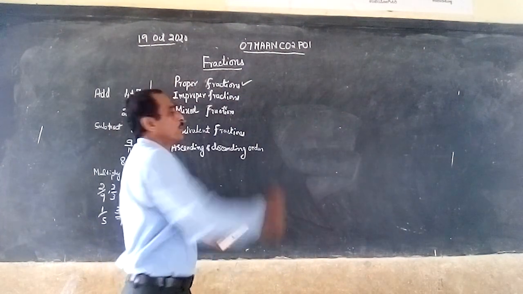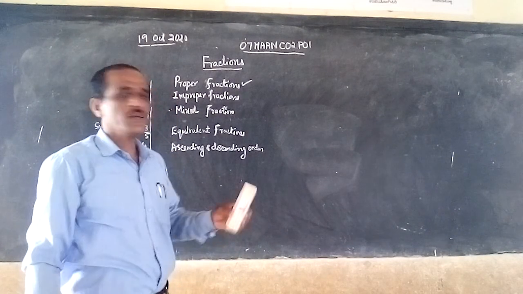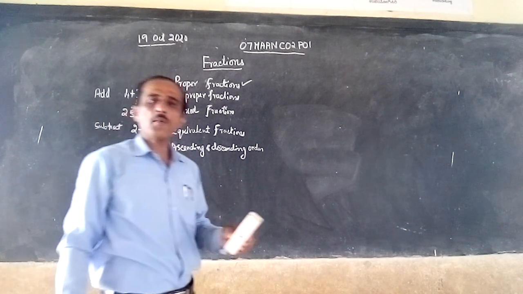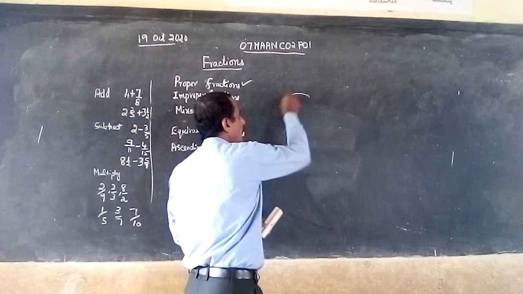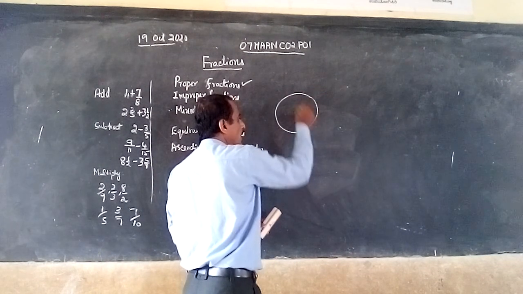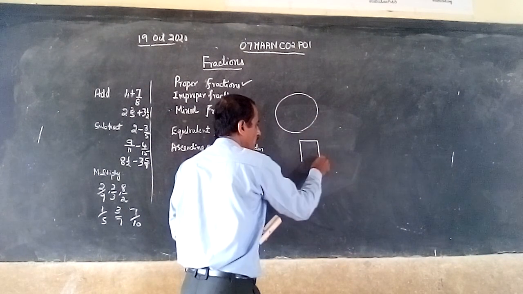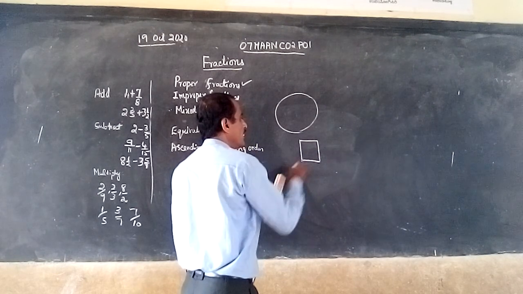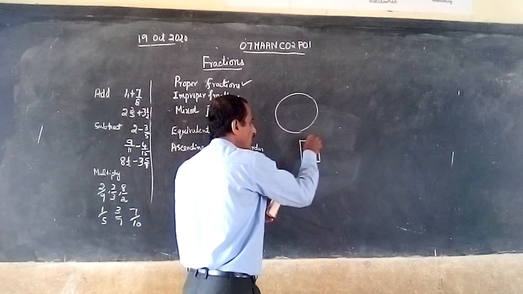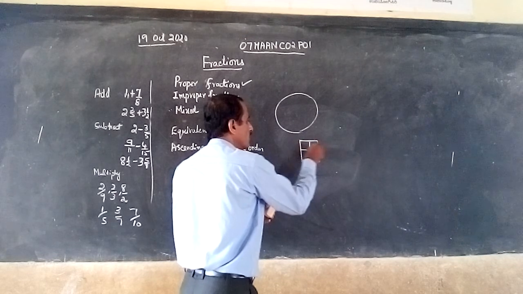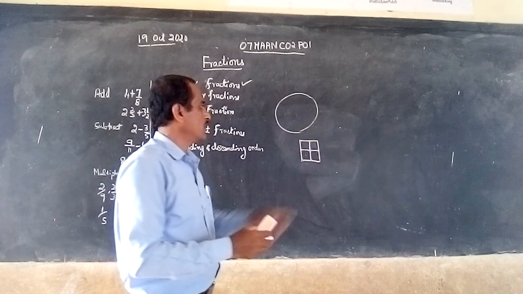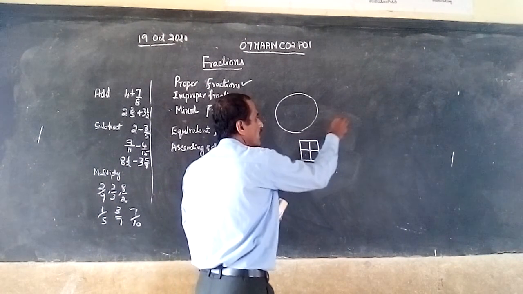So there are different types of fractions you have studied. One is proper fraction. What is the meaning of proper fraction? Proper fraction means it is a part of a whole. See, for example, this is a square. If you draw two more lines like this, there are 4 parts. It is a part of whole.